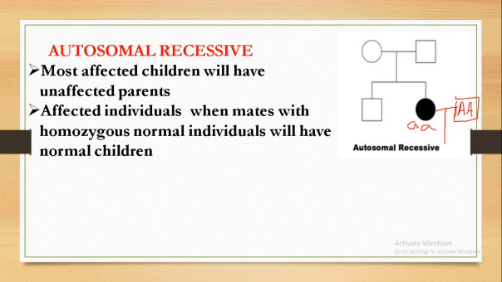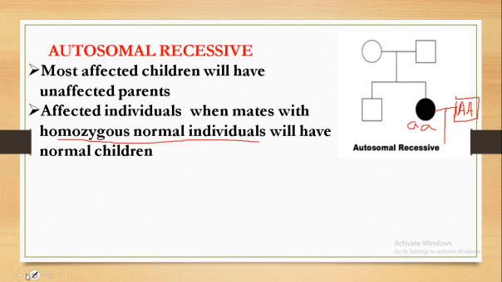One recessive allele will come from the mother, but the other allele will always be a dominant one. So the children will always be heterozygous, and the dominance will not express the trait we are studying. So an affected individual who mates with a homozygous normal individual will have normal children.